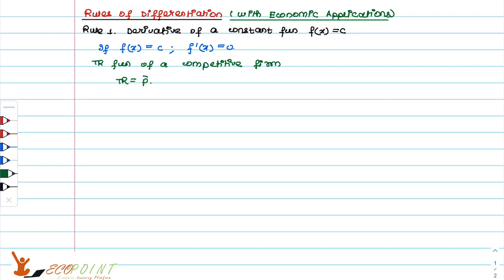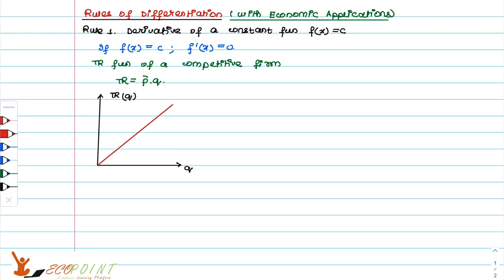So TR is P bar into Q. You have the revenue and you have Q out here.